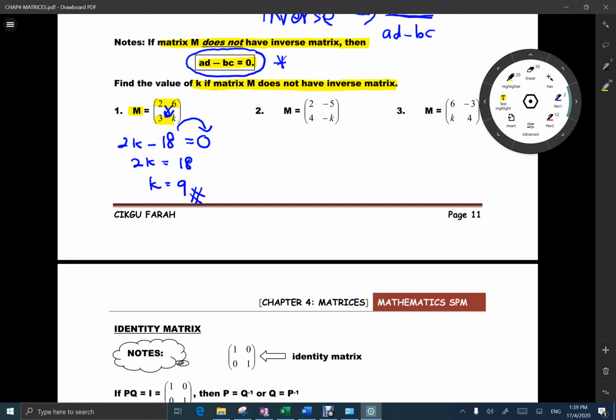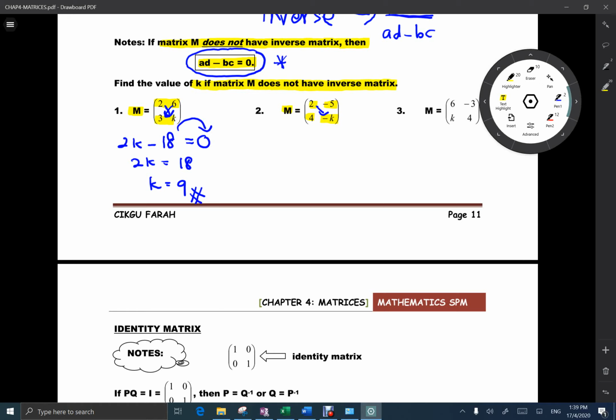Okay. Now, again. So, matrix M is 2, negative 5, 4, negative K. So, find K if matrix M does not have inverse matrix. Okay. The formula is AD minus BC equals to 0.